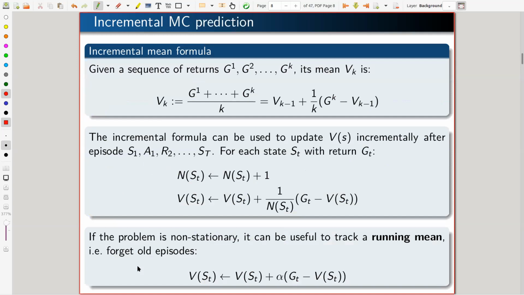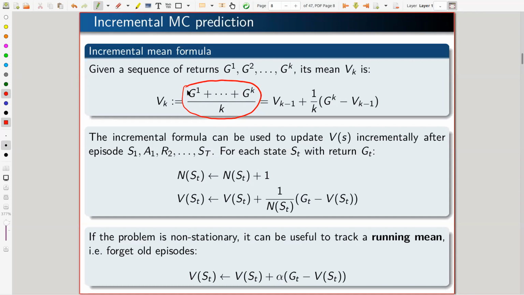Okay. Now, computing the empirical mean just by summing all the rewards we obtain, all the returns of the episodes. Remember, the Monte Carlo methods means I'm doing a lot of episodes and then I'm computing the empirical mean.